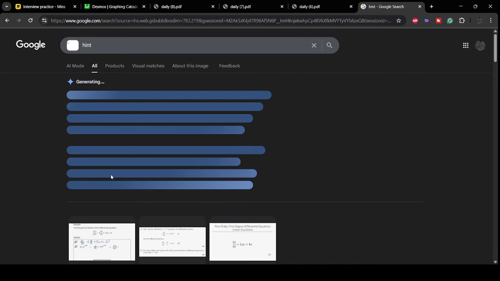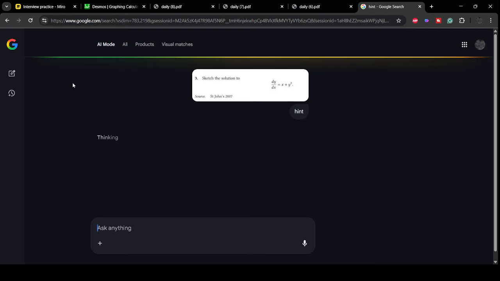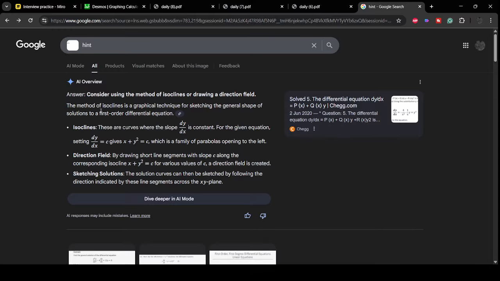The wonderful solution. Consider using the method of isoclines or drawing a direction field. The method of isoclines is a graphical technique for sketching the general shape of solutions to a first order differential equation.